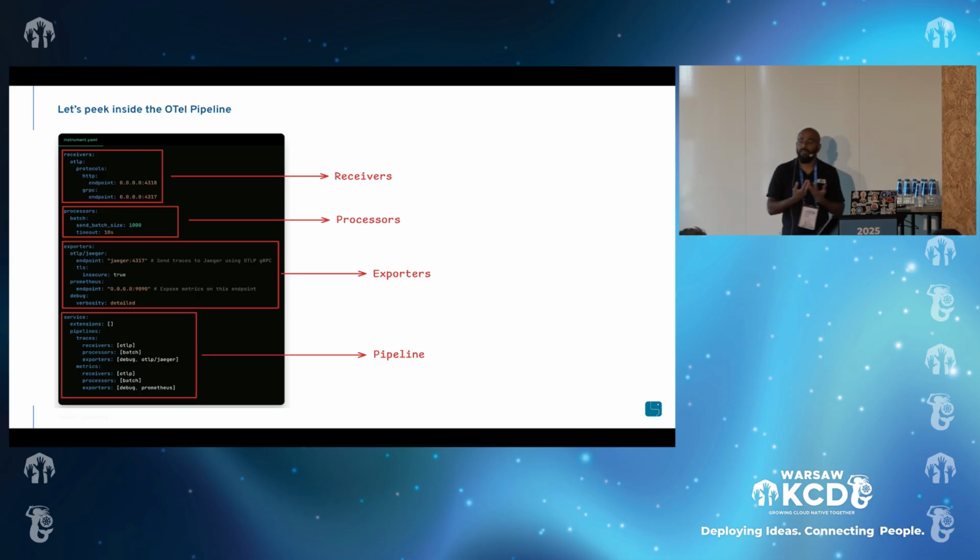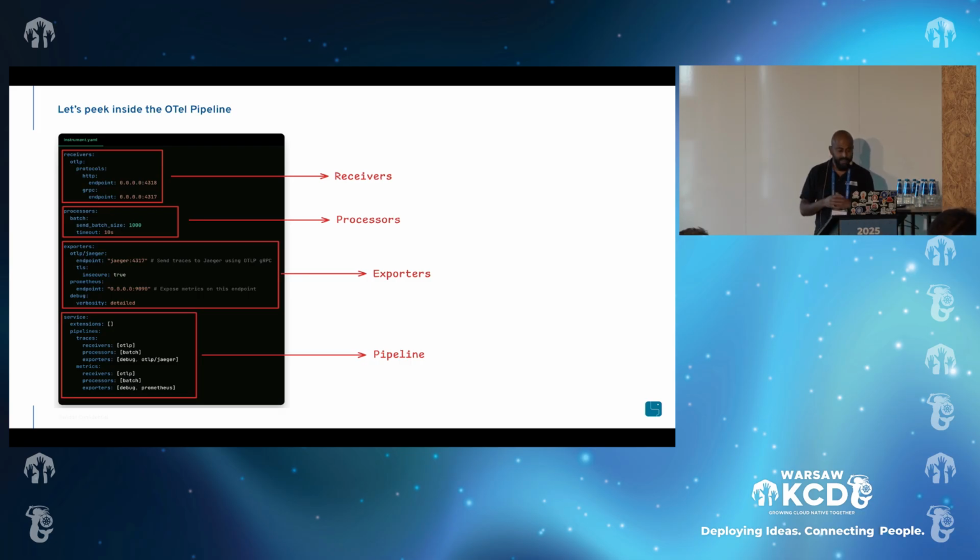And the receivers are responsible for taking it. And then you have the processors. These processors are, I would say, where we get to exert most of the control. So I'll talk a lot more about that. And then once you process them, you can export it to the backend, right?